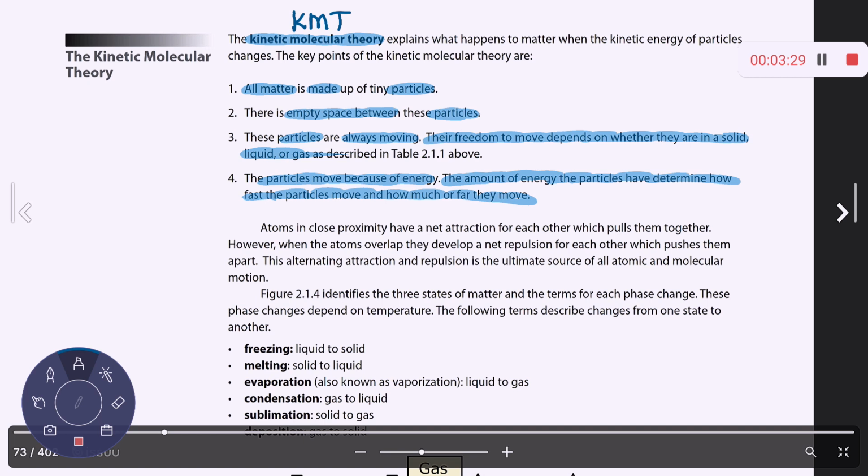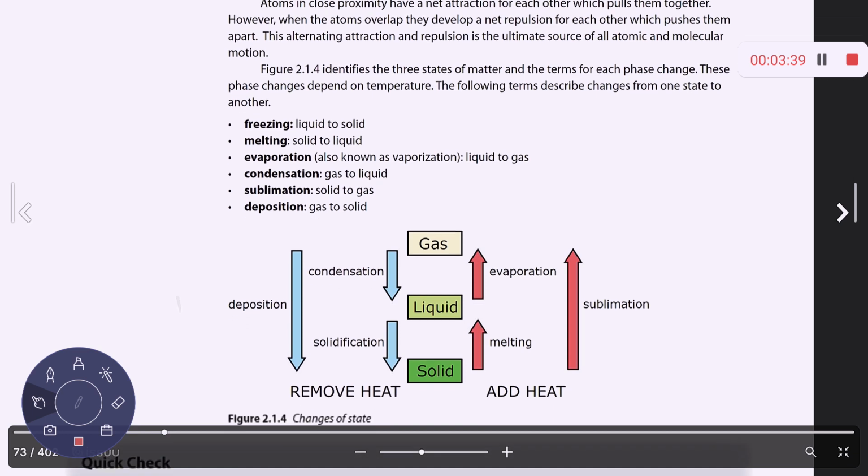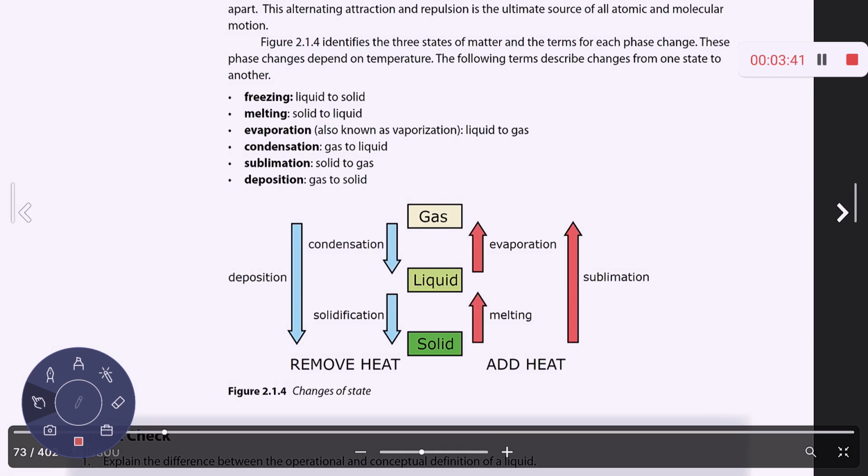When we're changing between the three states of matter, there are different terms which are pretty much everyday terms that you guys have heard before. So let's come down here to these terms, and each one of these terms is going to be associated with either removing heat or adding heat, okay? So on the right-hand side of this image, we are going to be adding heat. So we're going to be converting a solid to a liquid, then to a gas.